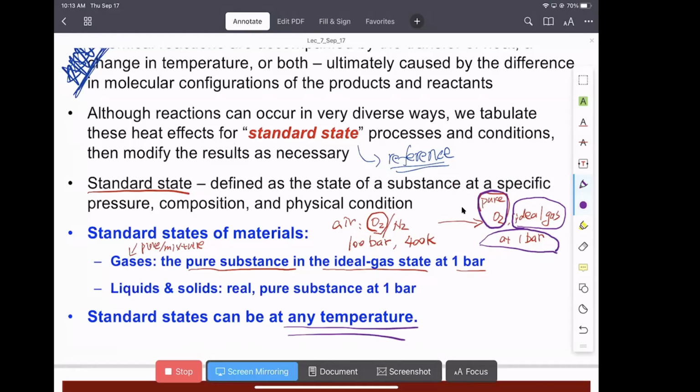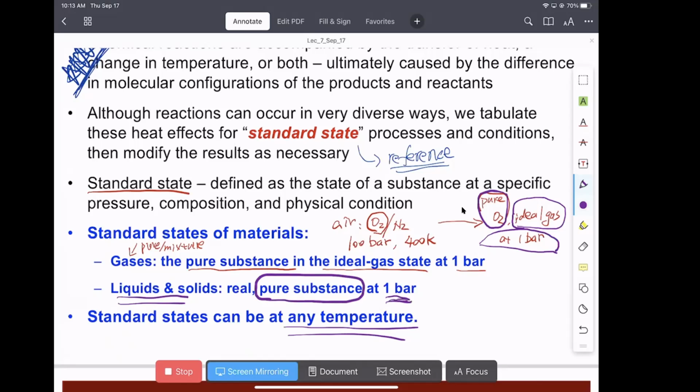For the liquid and solids, we don't have the ideal gas assumption, but we still need to specify this is the pure substance, even if we are looking at a water and ethanol liquid mixture. So for the ethanol, out of the mixture phase, the corresponding standard state would be pure ethanol at 1 bar.